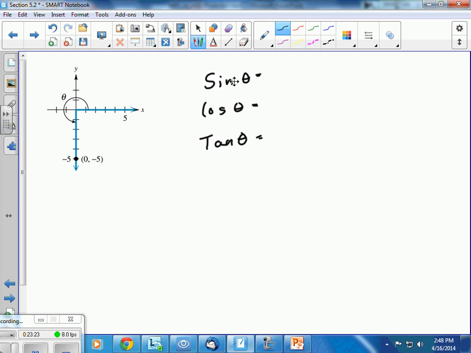Again, here my point is x is 0, y is negative 5. When I have that special quadrantal angle, you have to remember x, y.